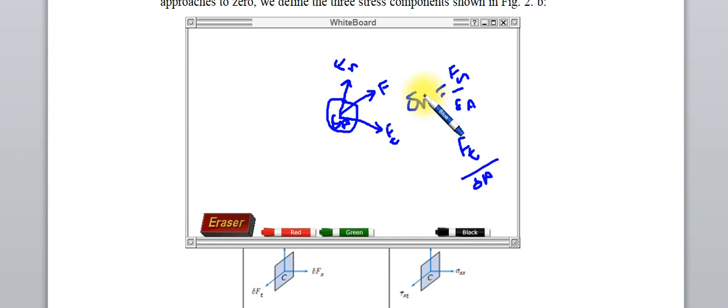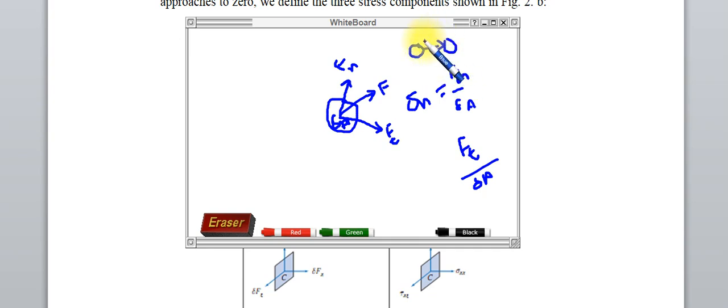This is how the stresses develop. When force is acting on an area, it actually generates stresses. Just like in fluid flow, viscosity applies forces on the fluid particles. Look at this, these are two particles, and the force is generated between these two particles.